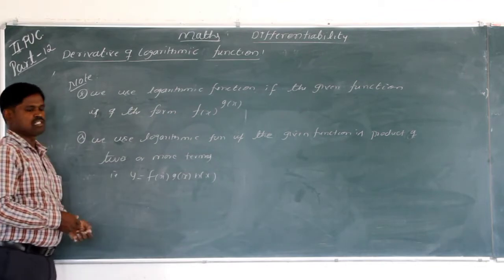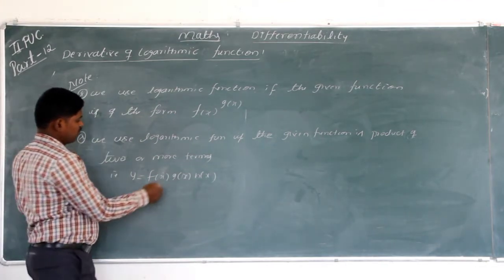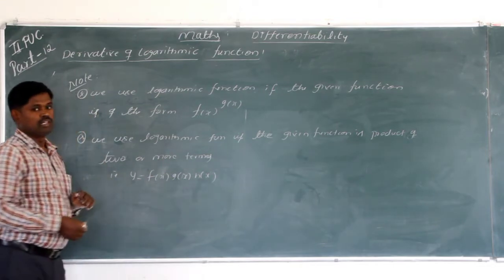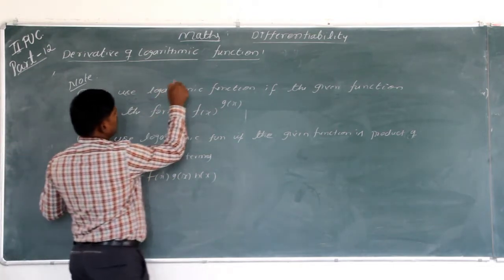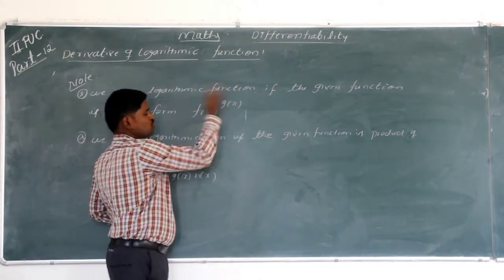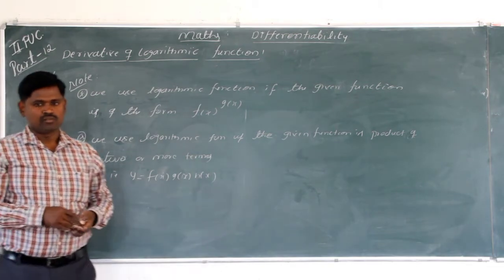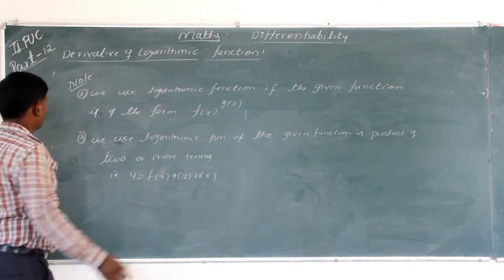Also, if the given function is of the form f of x to the power of g of x to the power of h of x and so on, then we use logarithmic differentiation. So let us start with one problem.